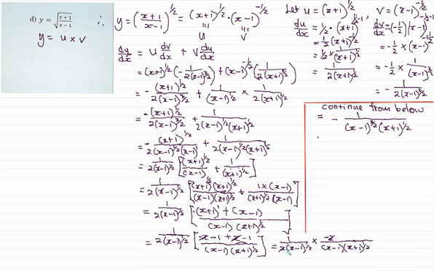Now you have x minus 1 to the power of half here. You have x minus 1 to the power of 1. The power here is 1. So if I combine them, I have 3 over 2. Then x plus 1 to the power of half is here. So that's it. This will be the final answer.